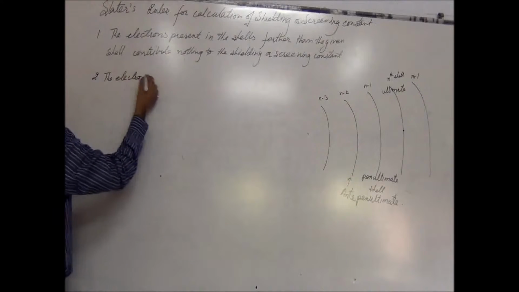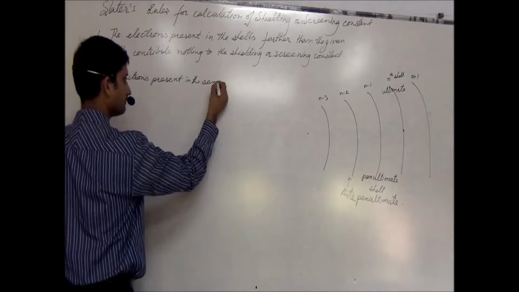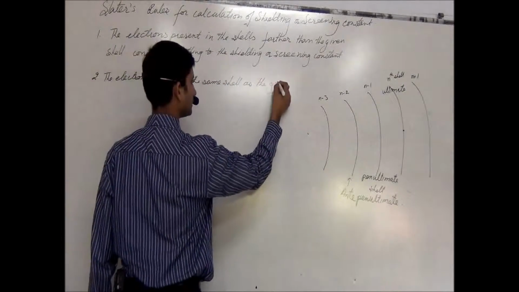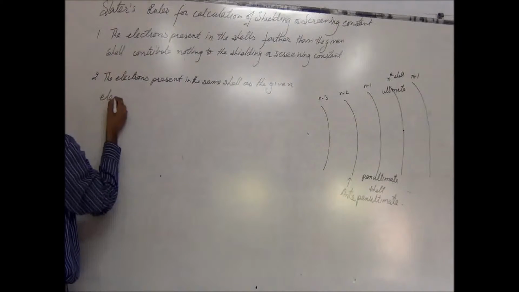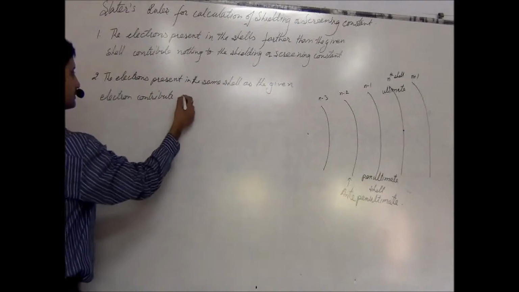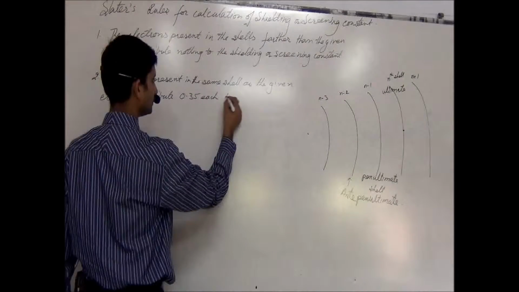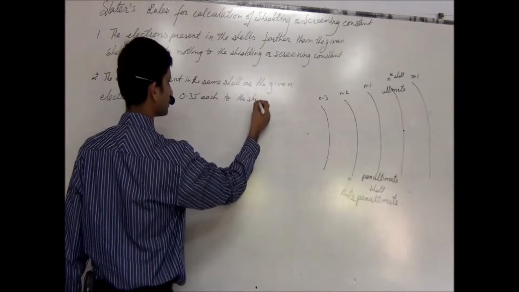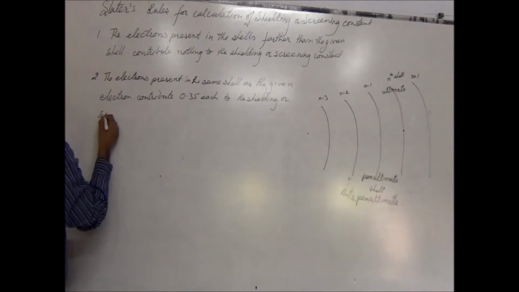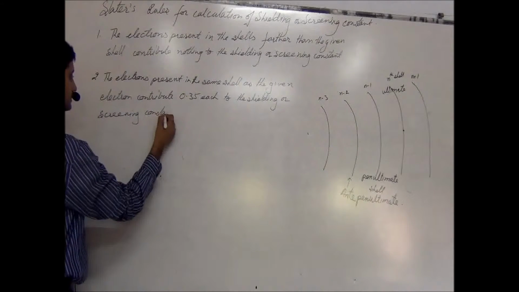The electrons present in the same shell as the given electron contribute 0.35 each to the shielding or screening constant.